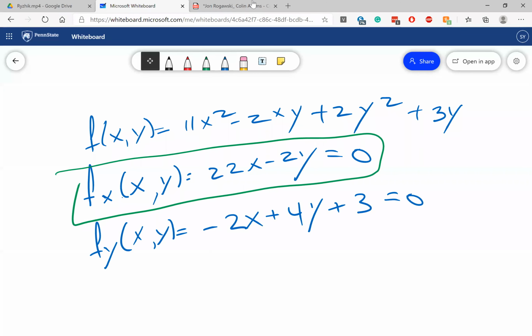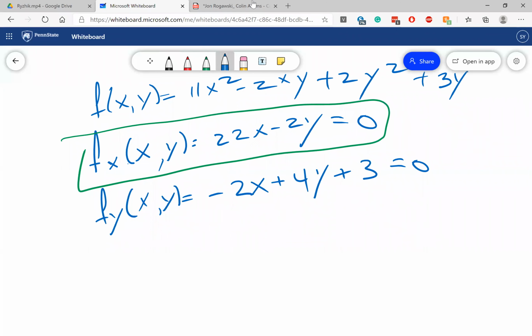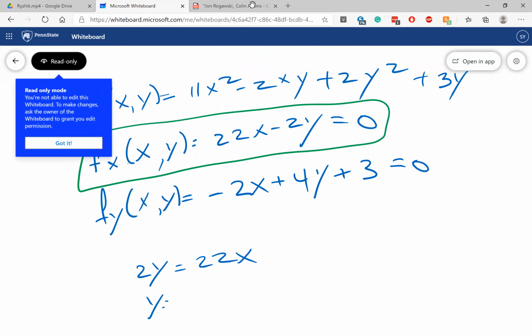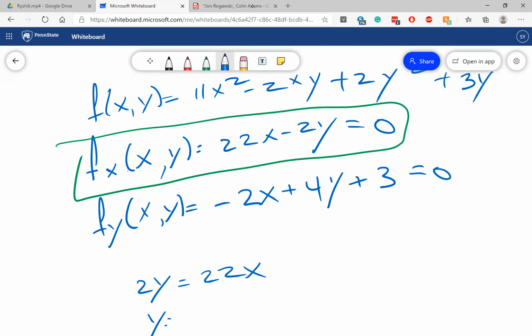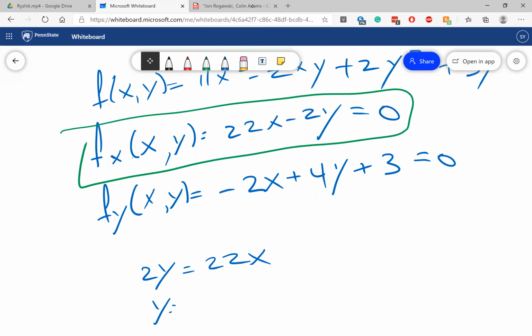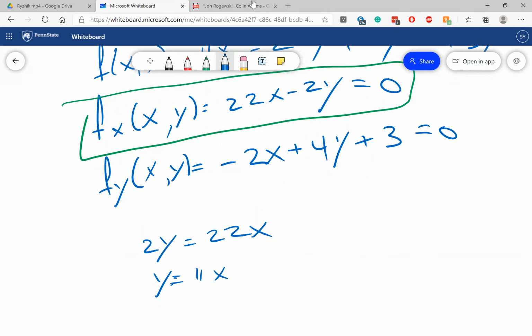We can use the first equation to say that 2y is equal to 22x, or in other words, y is going to be equal to 11x.